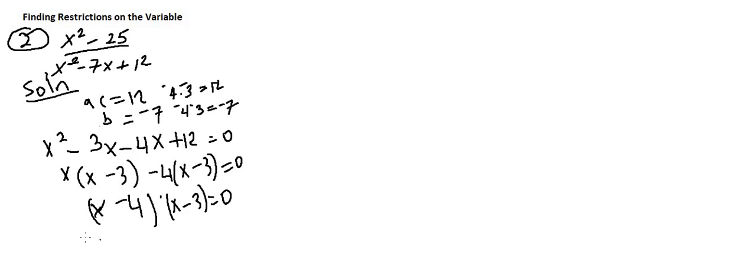So I will have x minus 4 equal to 0, or x minus 3 equal to 0. So that will be x equal to 4 or x equal to 3. So the restricted numbers, x cannot be equal to 4 and x cannot be equal to 3. So those are the two numbers we are looking for.